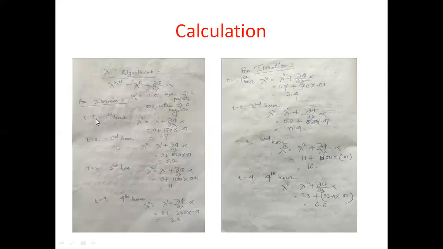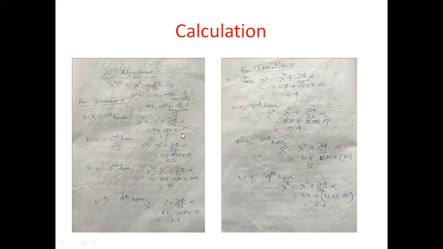So for time 1, that is the first hour, lambda 2 stands for the next iteration, the second table iteration. The previous value lambda 1 is 0, plus the value we have seen in table 1, which is positive 170. If it is positive, then the value of alpha will be 0.01.